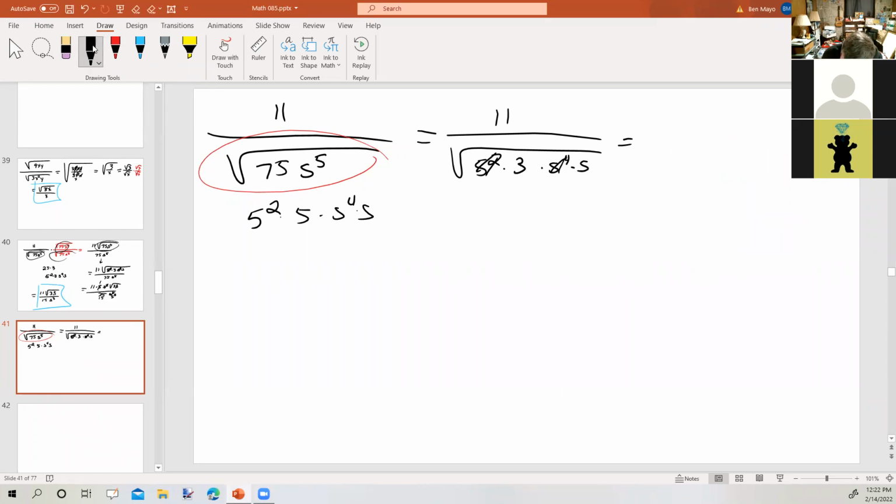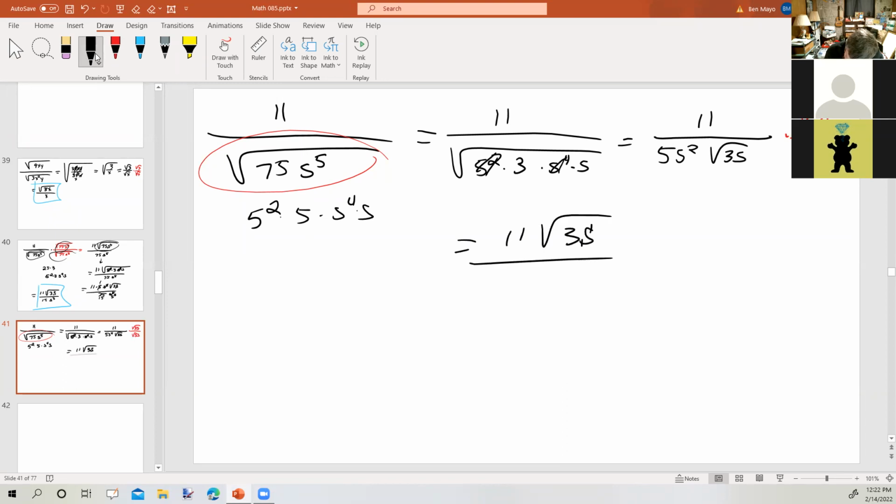Okay, so this should be 11 over 5s squared square root of 3s. So now I'm going to multiply by the square root of 3s over the square root of 3s, which gives me 11 square roots of 3s over 5s squared times 3s, which is 11 square roots of 3s over 15s cubed. Okay.